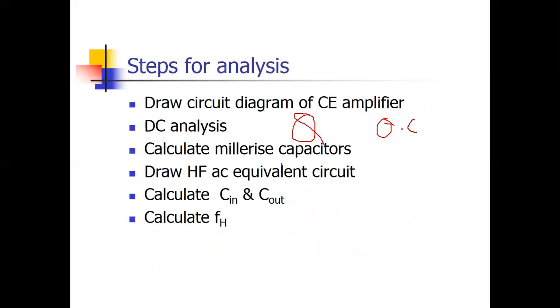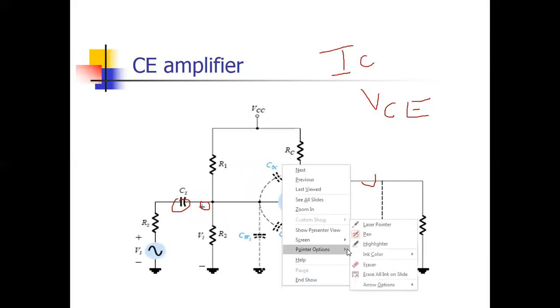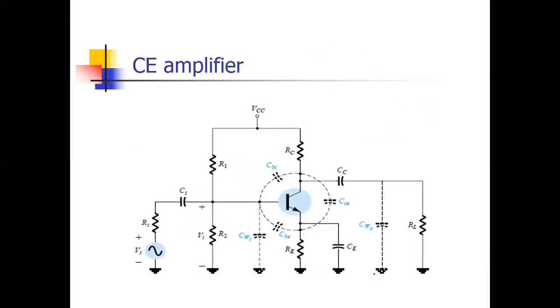Okay. So now next is Millerize capacitance. That we have also covered in the previous lecture, Miller theorem. I'm just giving a brief idea about the Miller theorem. See, this is your collector, this is your base, and this is your emitter. And if you remember, these are transistor internal capacitances.